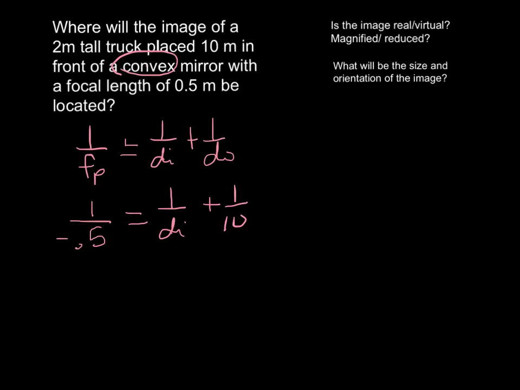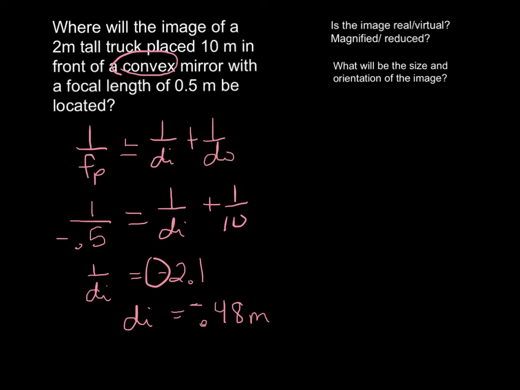Solving for di, we get 1 over di is negative 2.1, and when we flip that over, di is 0.48 meters. Negative 0.48 meters, because we have the negative there.